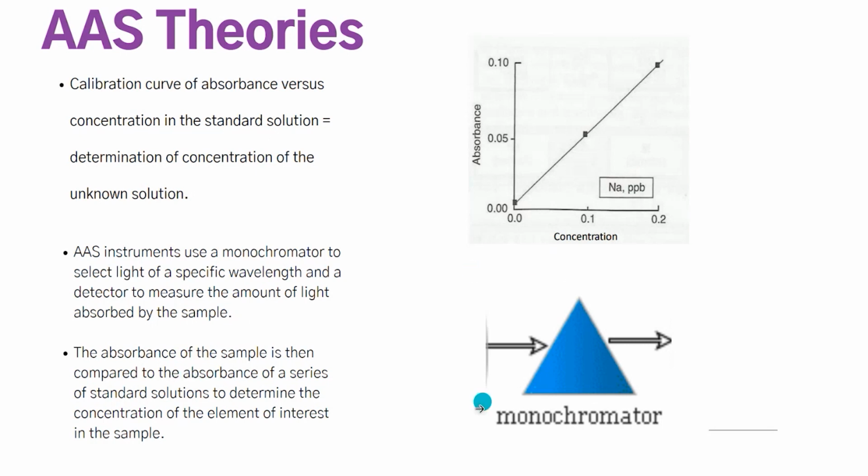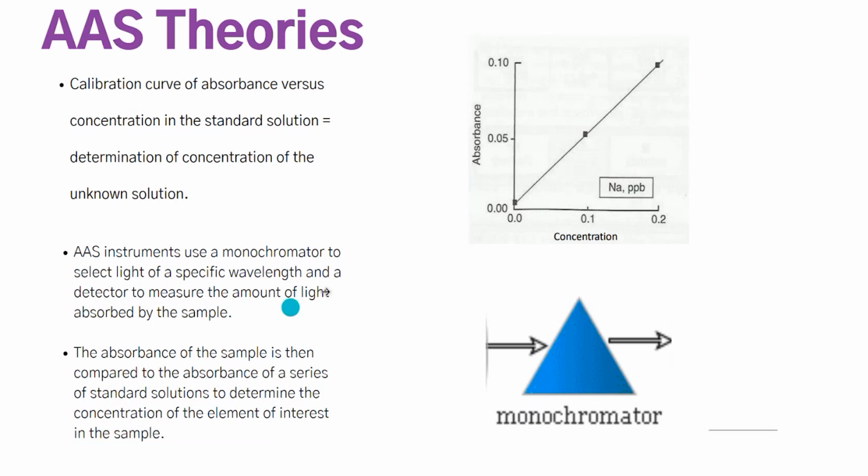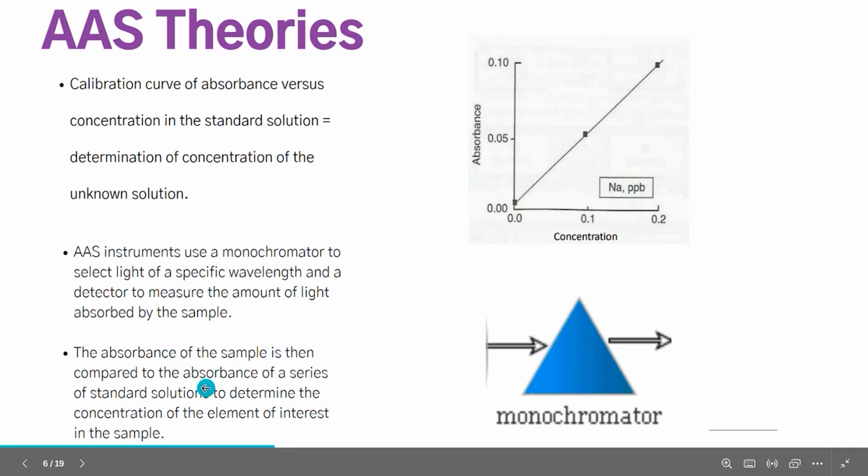So this instrument is actually a component used to filter the specific wavelength of the light from the flame. So then the absorbance of the sample is compared to the absorbance of a series of standard solutions to determine the concentration of the element of interest in the sample.